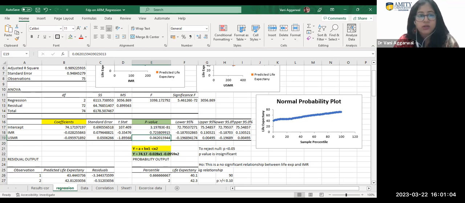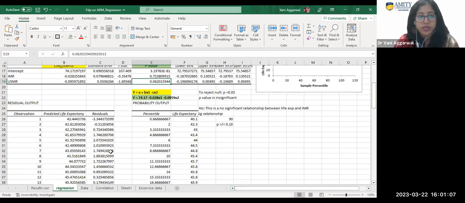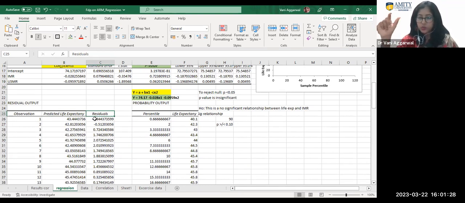Okay, next is your residual output. What does the residual output give you? It gives you your observations, like how many observations there are, what the predicted life expectancy is, and what the gap, the residual error, is. Residual is basically to compare your estimated value and actual value. So what is the estimated life expectancy and what is the actual life expectancy?